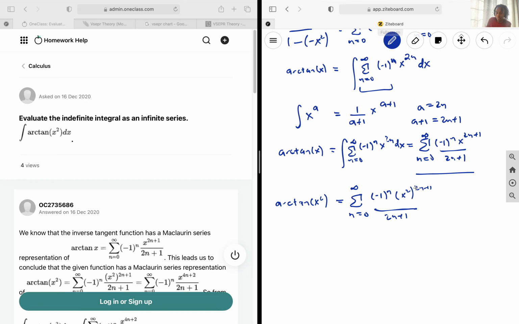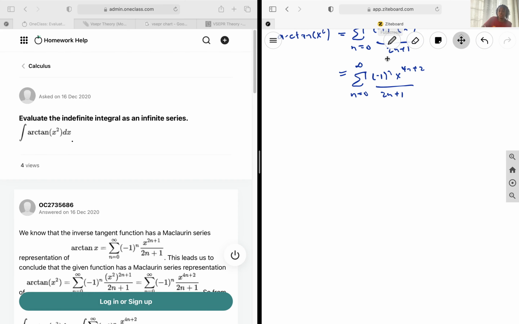We know that we're going to multiply these two according to exponent rules. So it becomes from n is equal to 0 to infinity, negative 1 to the power of n, x to the power of 4n plus 2, all over 2n plus 1.